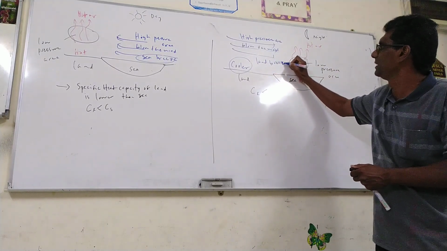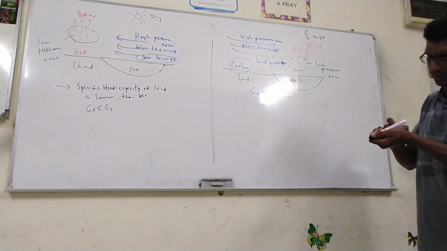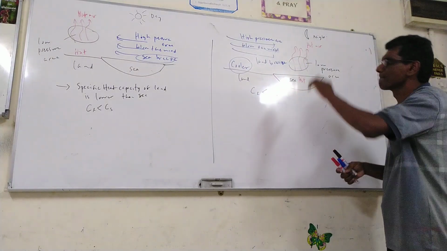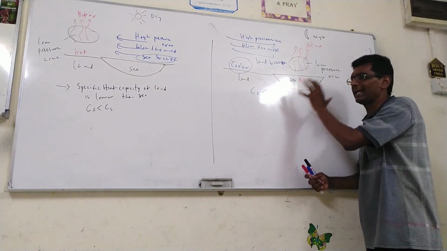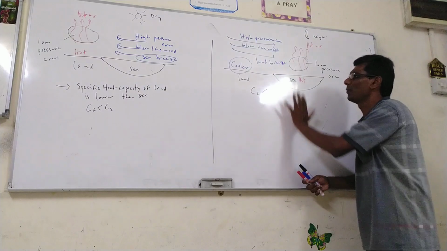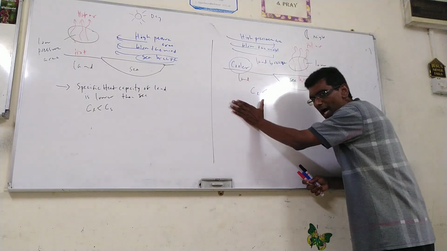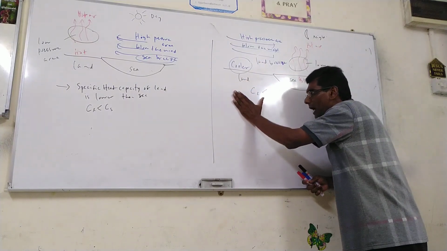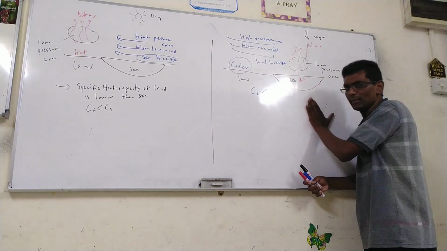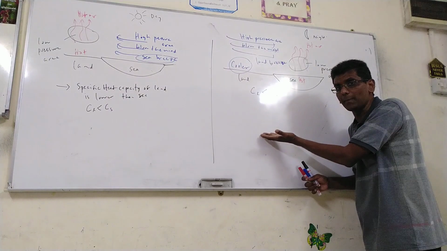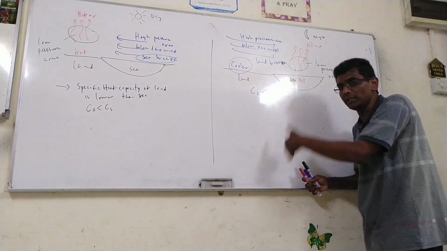Okay, I'll repeat again. At night time, the land is not getting heat from the sun. So the land cools down faster than sea, because land has low specific heat capacity.